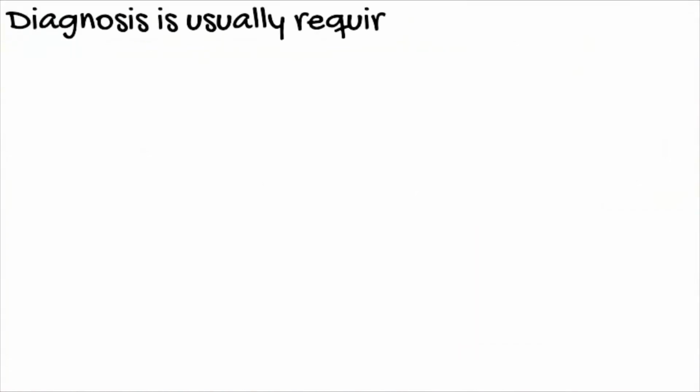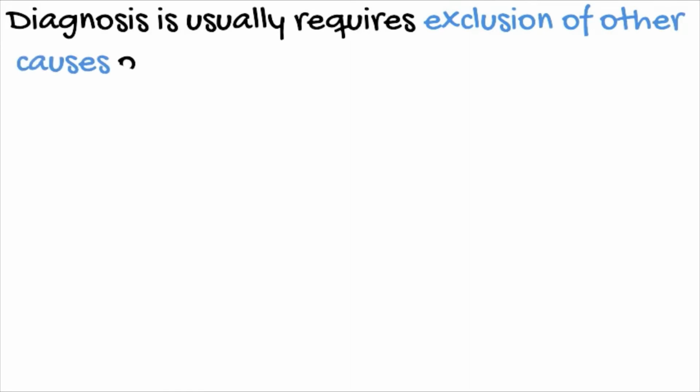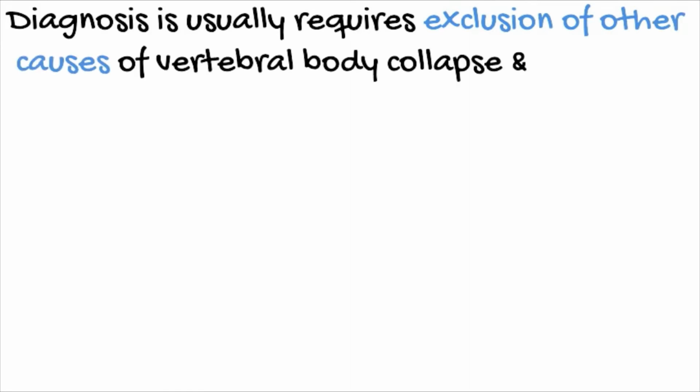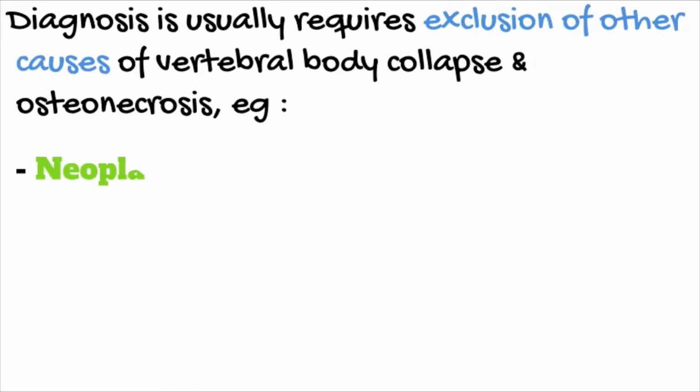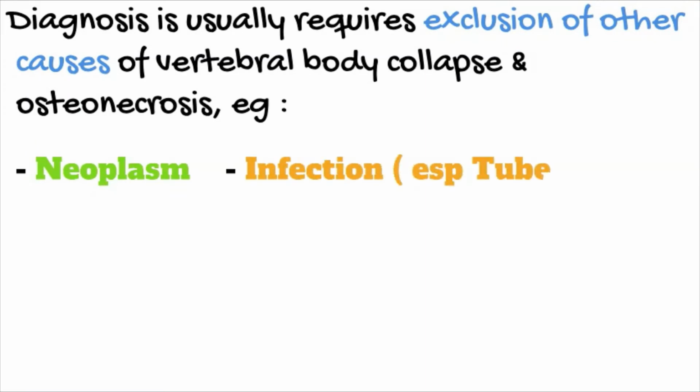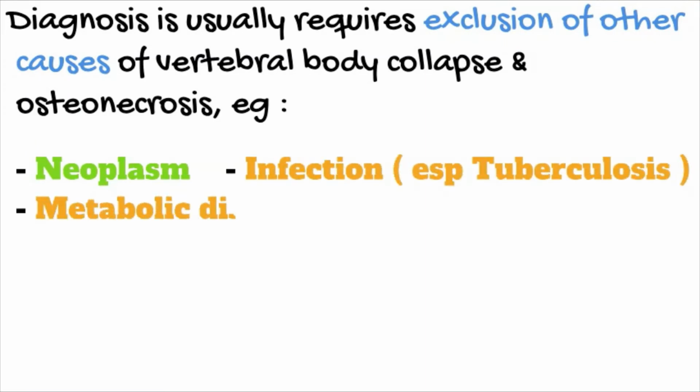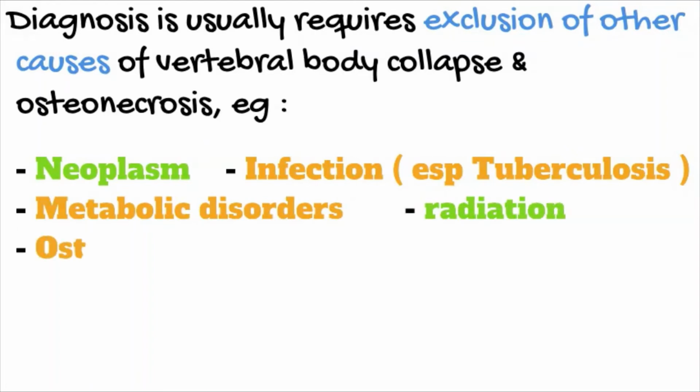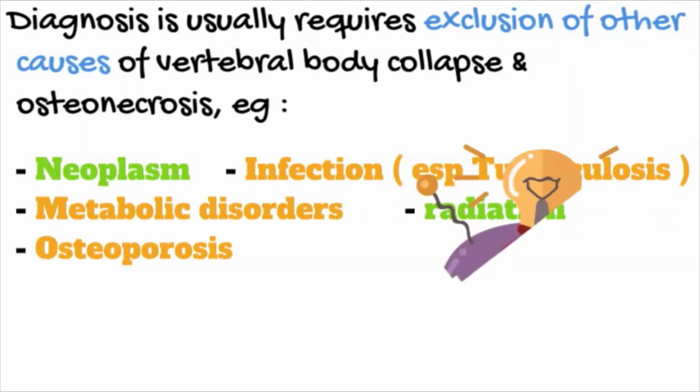Diagnosis usually requires exclusion of other causes of vertebral body collapse and osteonecrosis. Examples include neoplasm, infection, especially tuberculosis, metabolic disorders, radiation, osteoporosis.